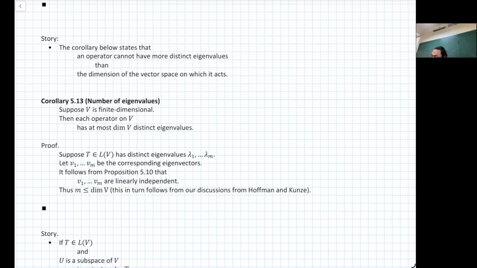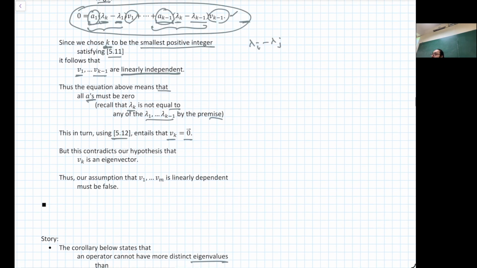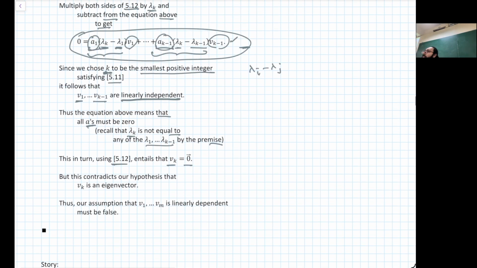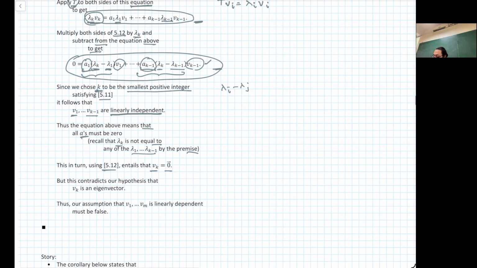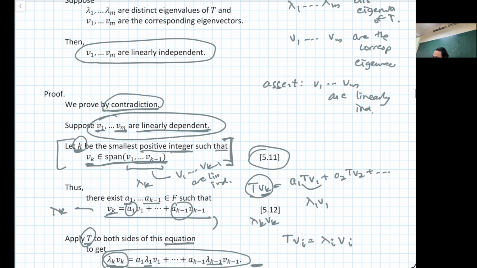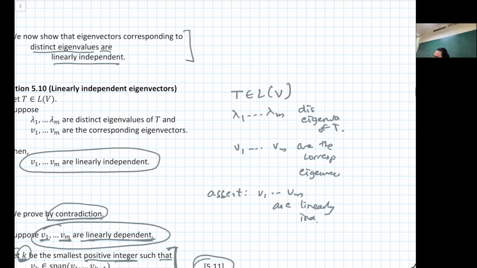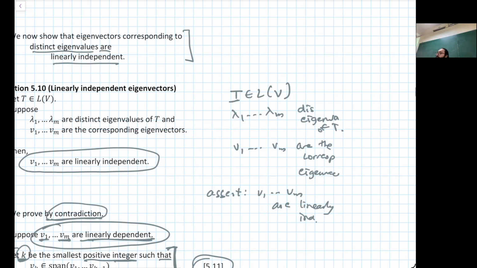So the corollary below states that an operator cannot have more distinct eigenvalues than the dimension of the vector space on which it acts. Sorry, I should have clarified this. Here T is a linear operator, and lambda 1 to lambda m are distinct eigenvalues of the linear operator. We understand the definition of eigenvalues, right?